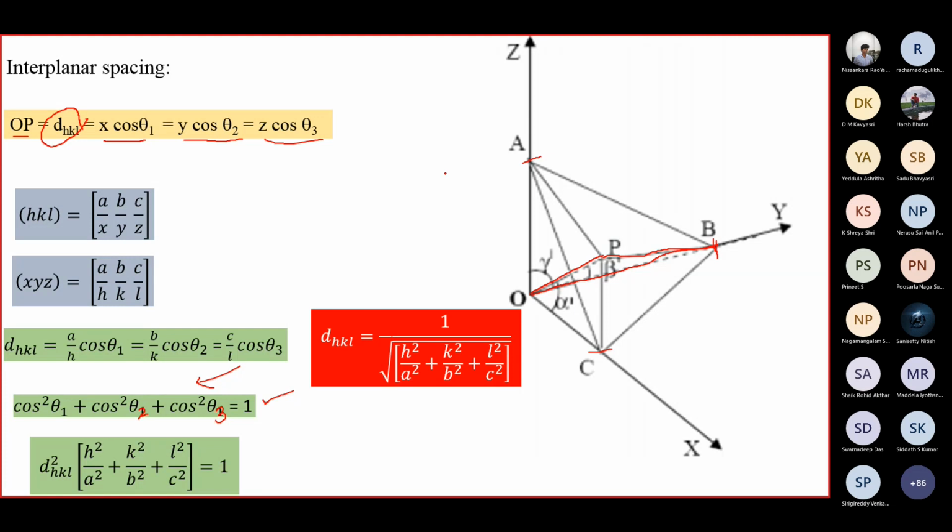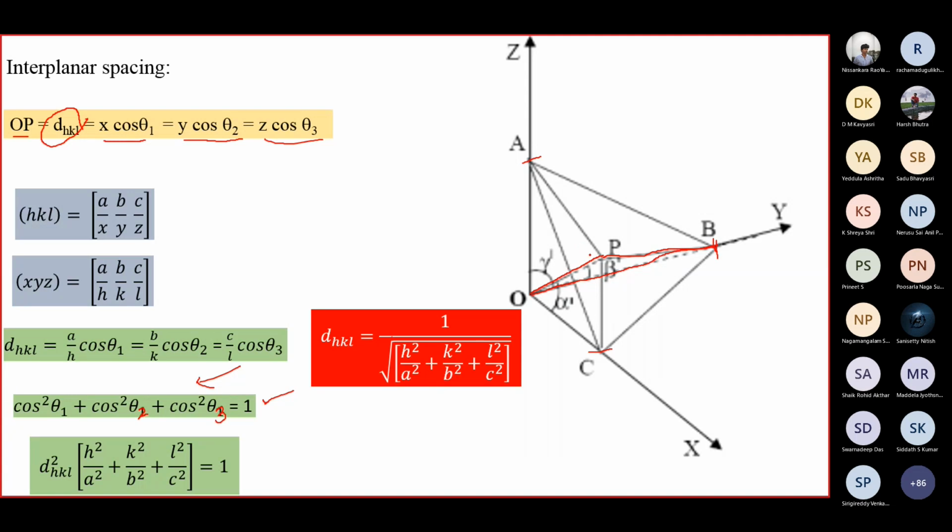D is equal to, we can't hear you. D equal to 1 by root 3. How is it root 3? The hkl value will be 1, 1, 1. No. How do you say the hkl value is 1, 1, 1?